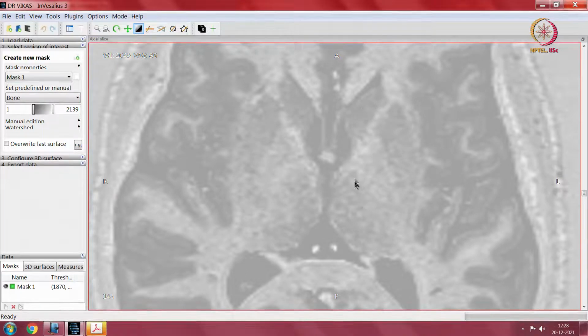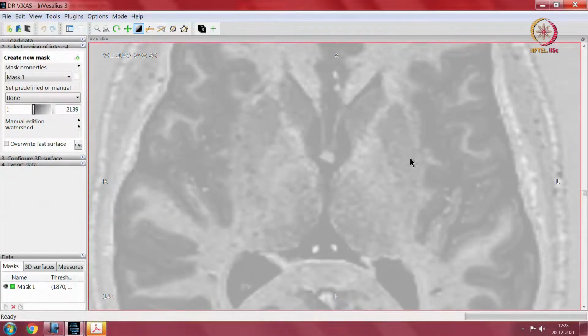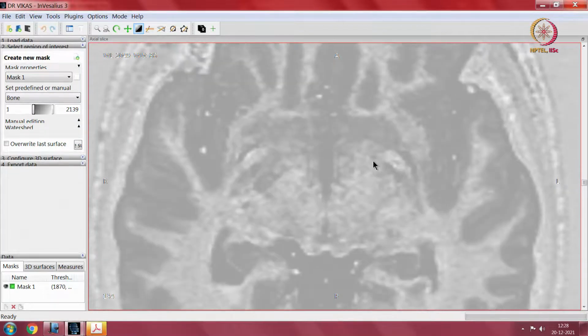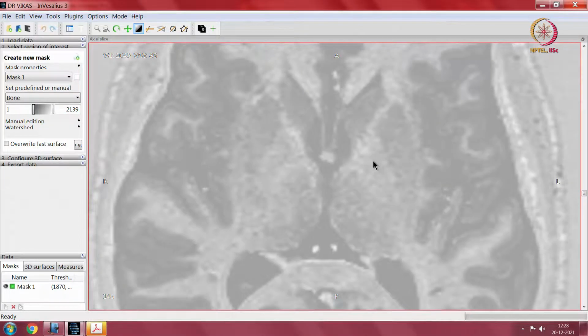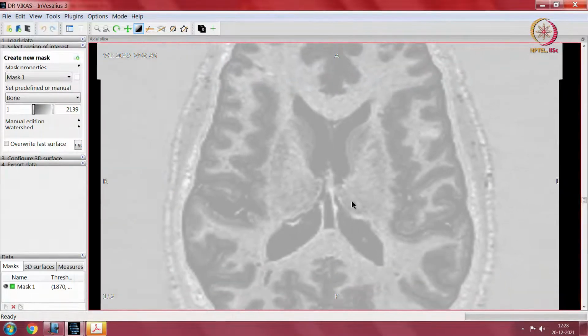So, thalamus, caudate head, and the remaining structure is the lentiform nucleus with the globus pallidus which is inside. That constitutes the deep grey, and that also completes the discussion in the axial section.